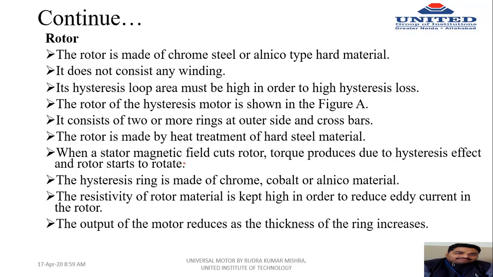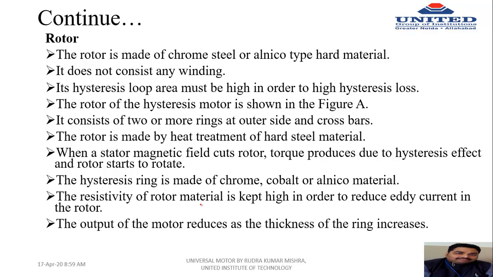When the stator magnetic field cuts the rotor, torque is produced due to hysteresis effect and the rotor starts to rotate. The hysteresis ring is made of chrome, cobalt or alnico material. The resistivity of rotor material is kept high in order to reduce eddy current in the rotor.